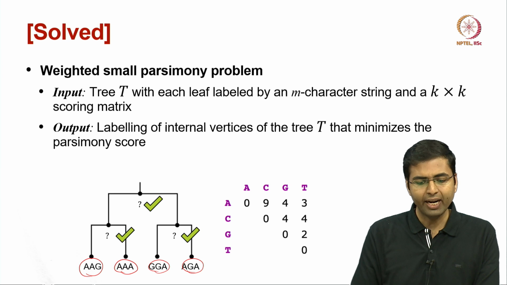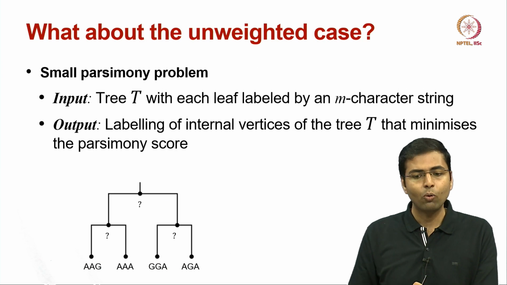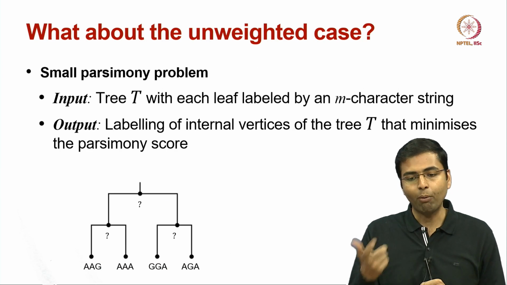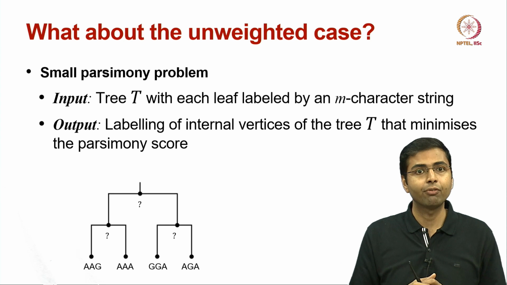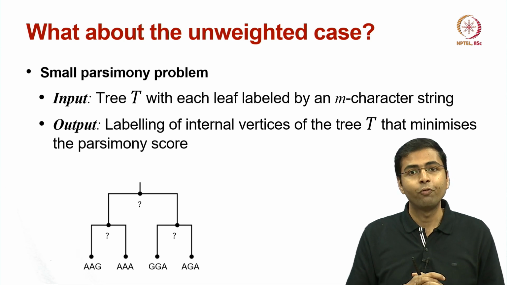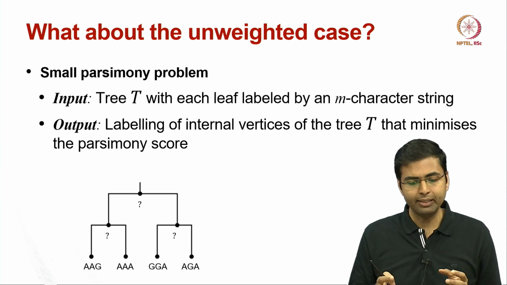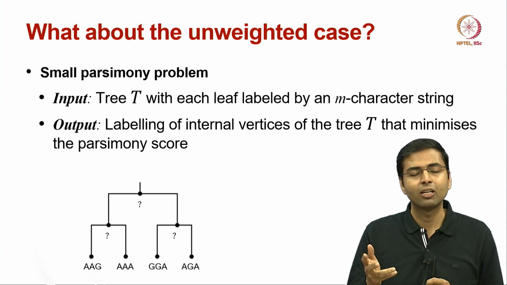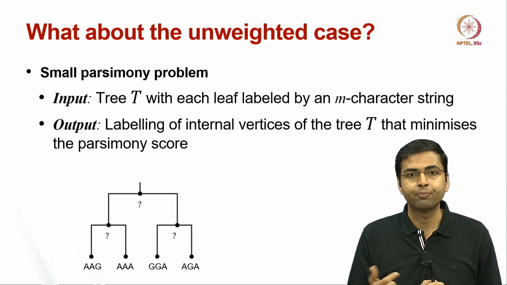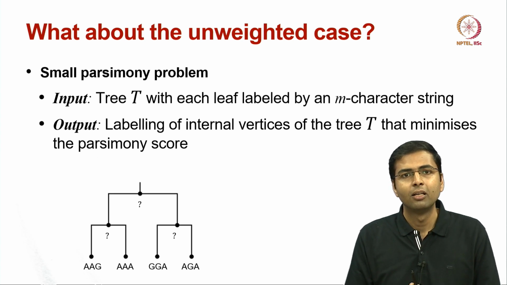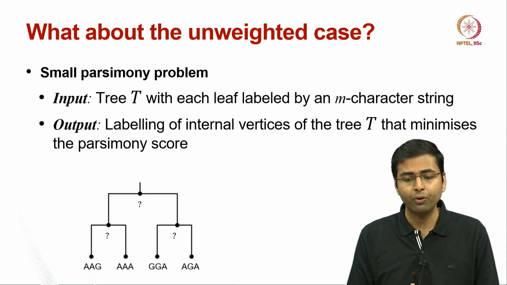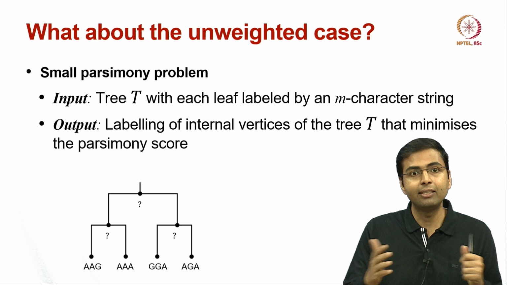Okay, so now moving ahead, this problem is solved. Now let us look at maybe the easier problem, which was the unweighted case. What if we have to solve this problem where we are not given a scoring matrix, that is, each character state change contributes a score of 1? In some sense this is an easier problem than the weighted case, because now the weights of all character state changes are equal.